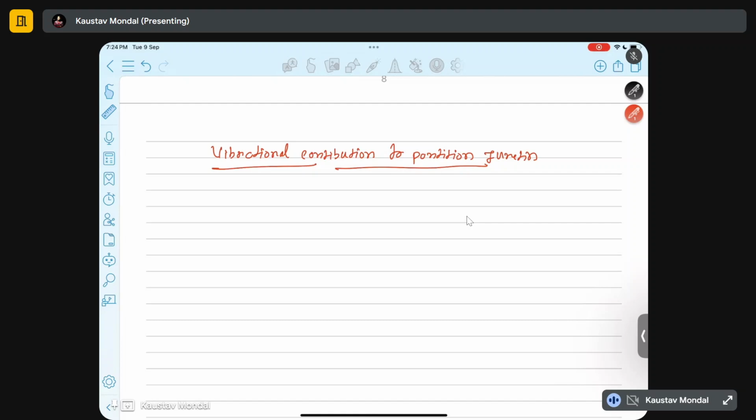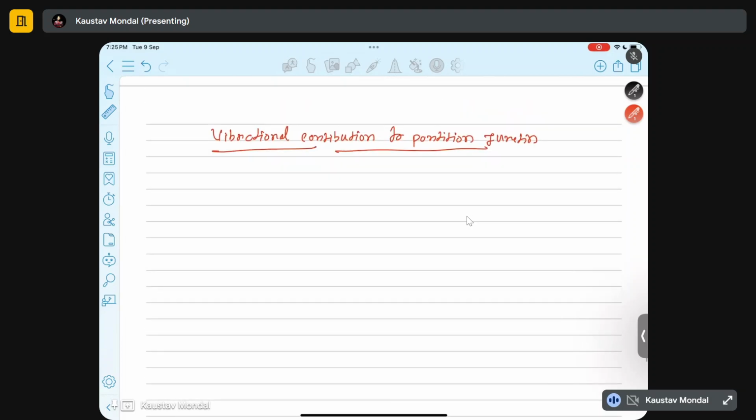Right. So let's suppose for an n-atomic molecule, that means there are n atoms in the molecule.